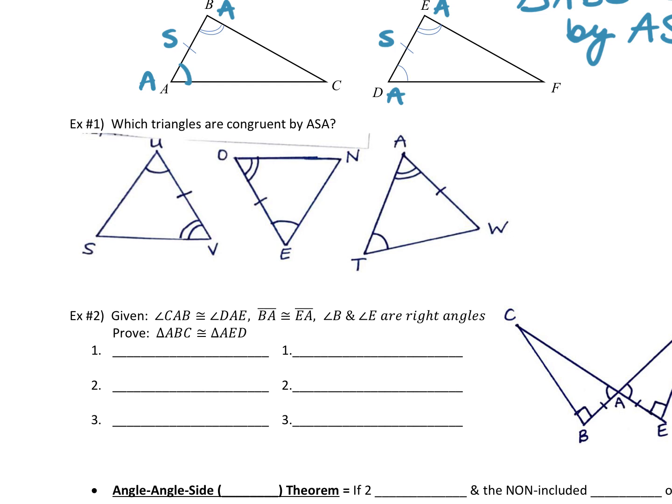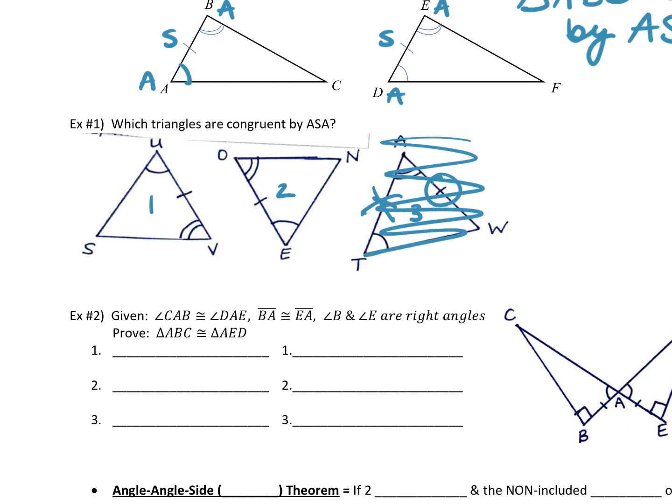Which two are set up as ASA? If we call this triangle 1, triangle 2, triangle 3, which two? 1 and 2. Why not 3? This is not included. This would be the included side, right? This is not an ASA setup, okay? So we know it's not this one.